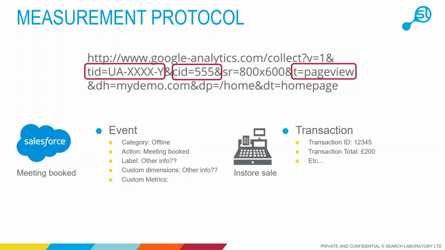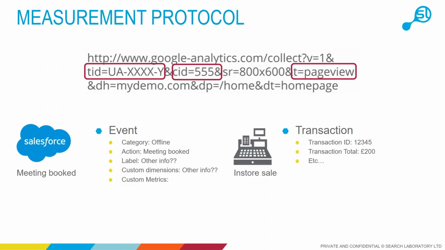A more straightforward one, which everyone will be able to relate to: when you make a purchase at a retail outlet, you could customize and program your point of sale technology to push these transaction hits to Google Analytics, and that would track the standard transaction information you would see in your regular Google Analytics account.